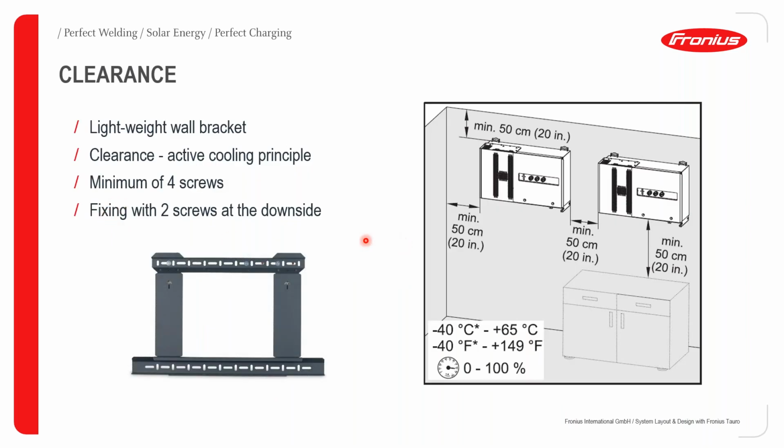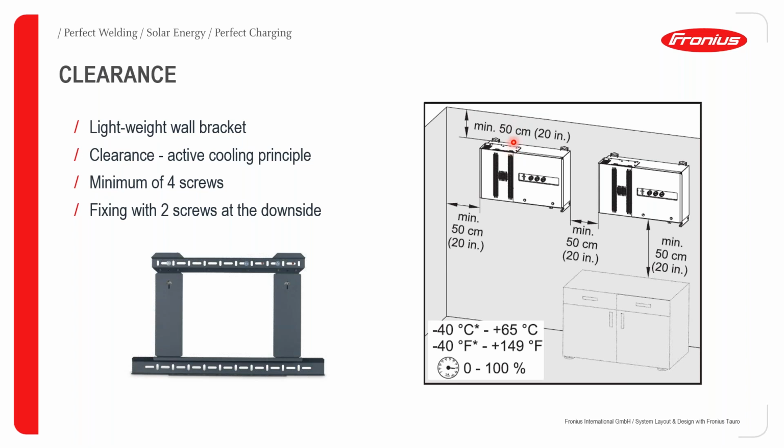In terms of clearances that are recommended when you're installing the Fronius Tauro, we have also these recommendations that you need to pay attention to. First of all, the mounting of the inverter is going to be done using this lightweight wall bracket. And then the clearances, especially for active cooling, if you do have 1 or 2 inverters, you have to pay attention to the clearances that you are leaving to the next object.